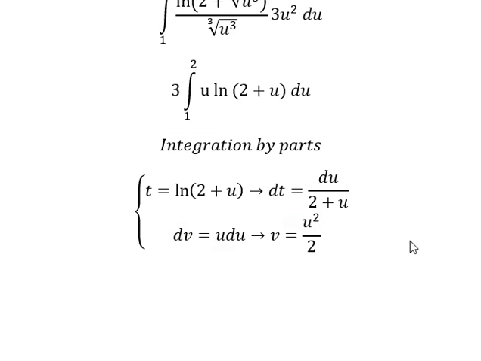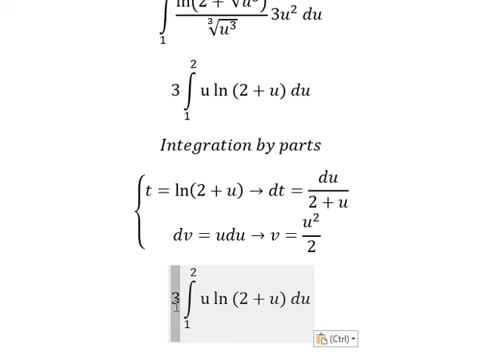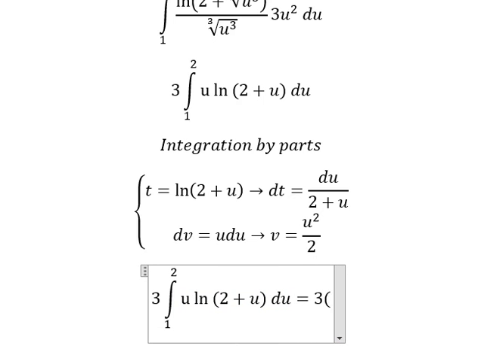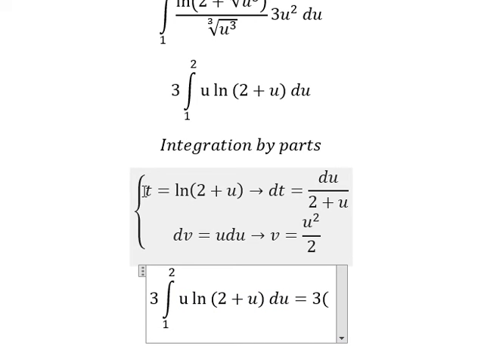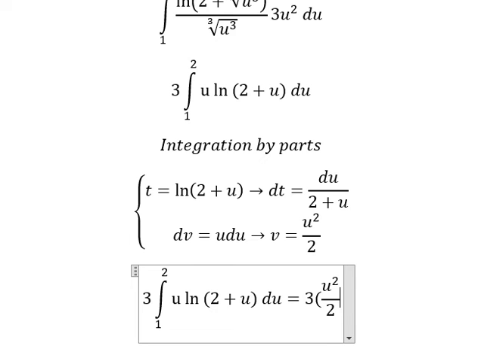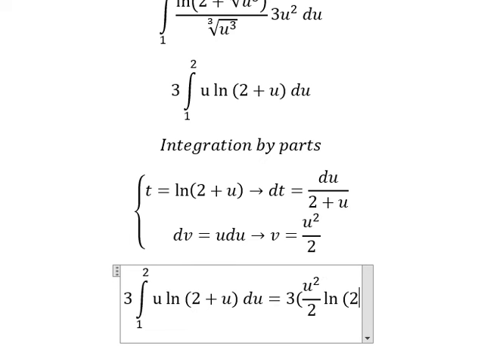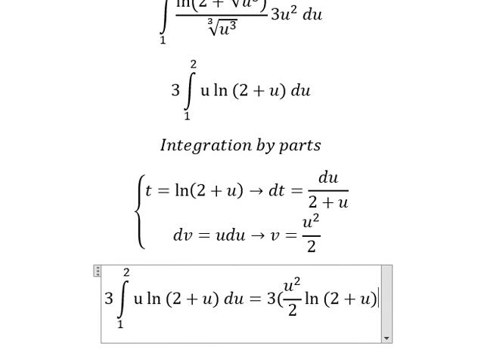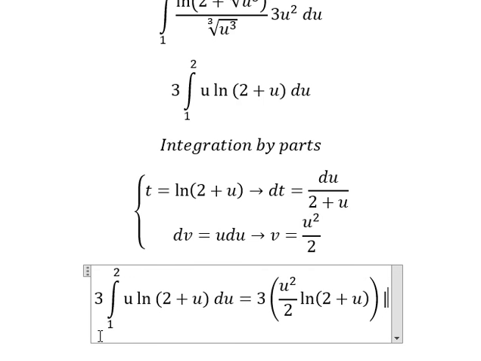And now, because we still have number 3, we keep number 3 going here. So we have t multiplied by v. So you got u squared over 2 ln of 2 plus u. And we put the bounds from 1 to 2.